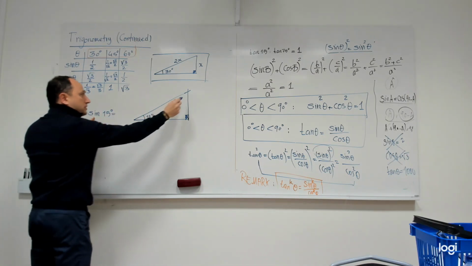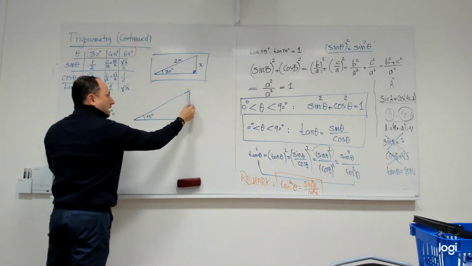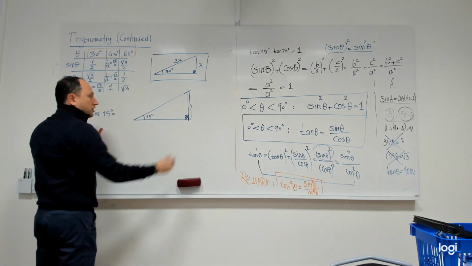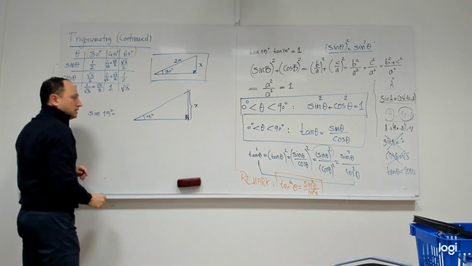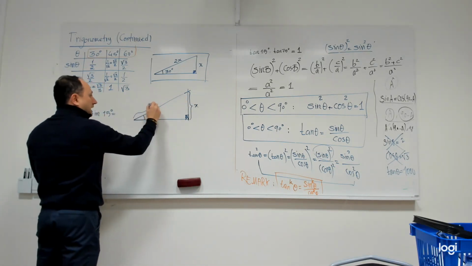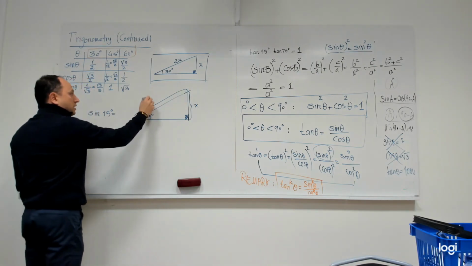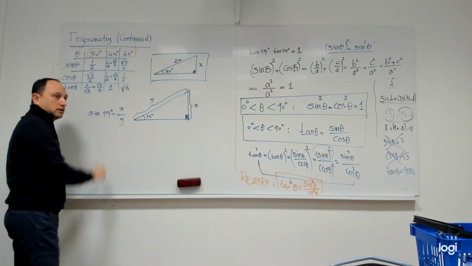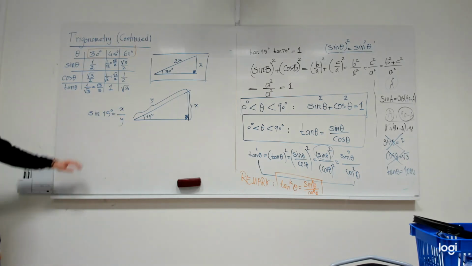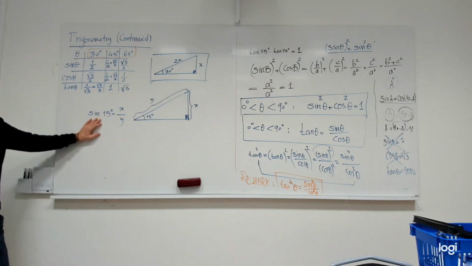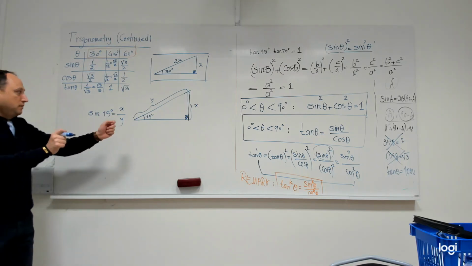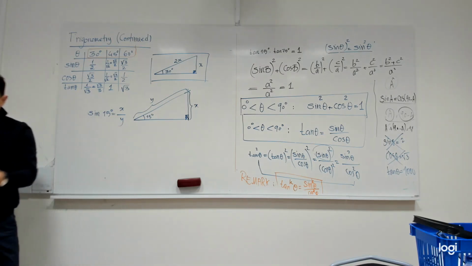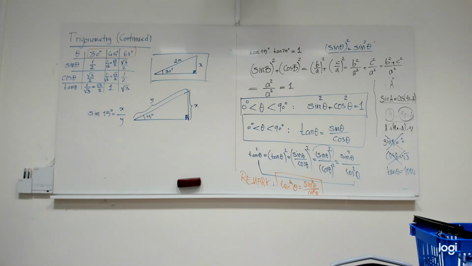Sine is opposite side, so I measure this distance. For example, I get number x. And then I take my ruler and measure this distance. For example, I get y. And then what I do, I divide x by y. Yes? Of course, this might not be the exact value because the precision of my ruler and protractor is limited, but it is a roughly good approximation.